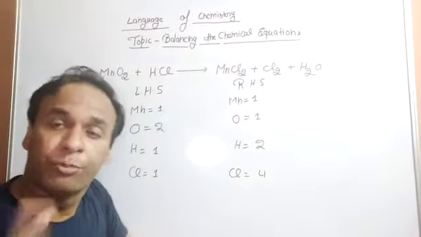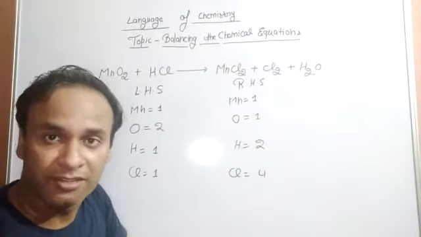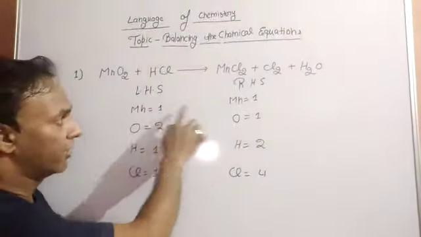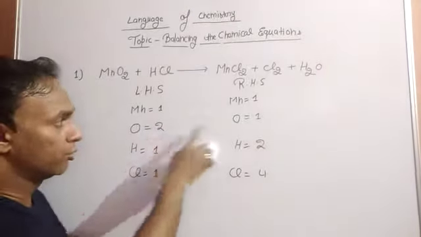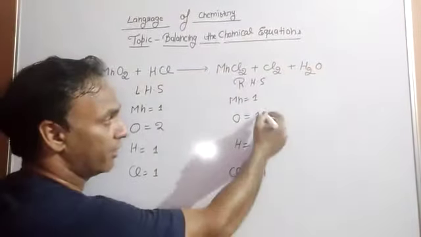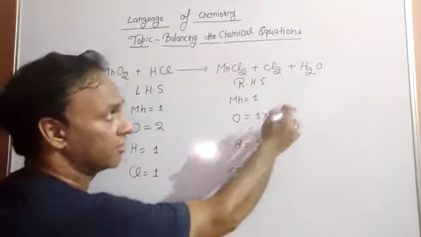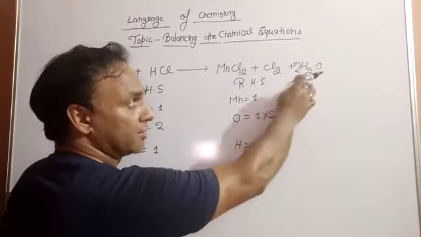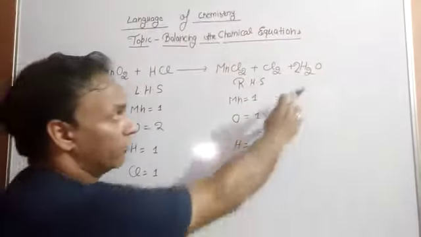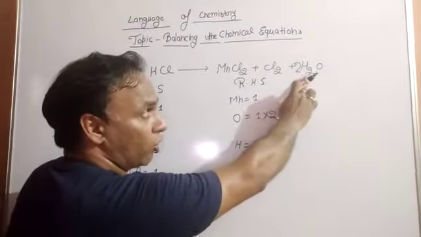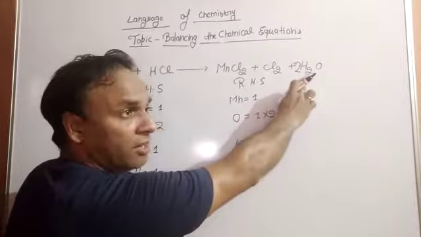Now check both sides, the atoms must be balanced. How? Mn 1, Mn 1, oxygen 2, here oxygen 1, then we have to multiply it by 2. That means in order to balance the oxygen, water is multiplied by 2. When the water is multiplied by 2, then automatically the number of hydrogen atoms would be 4.